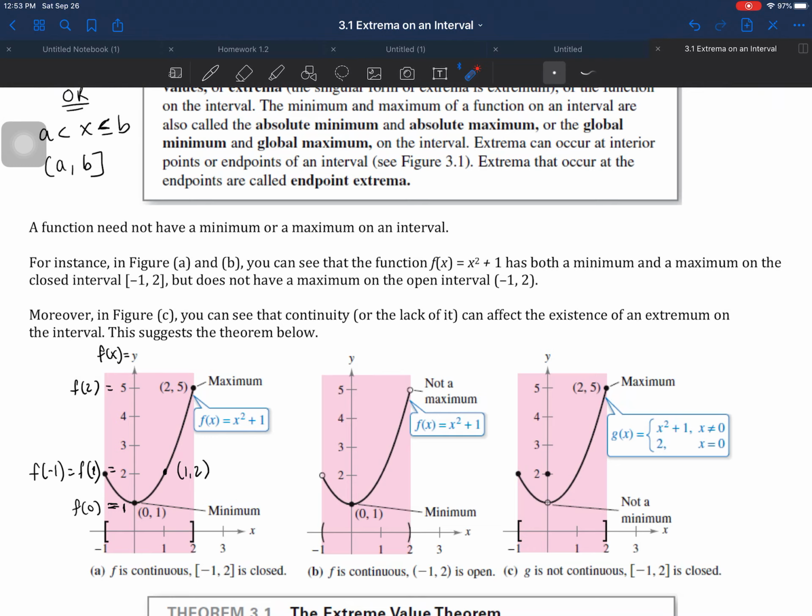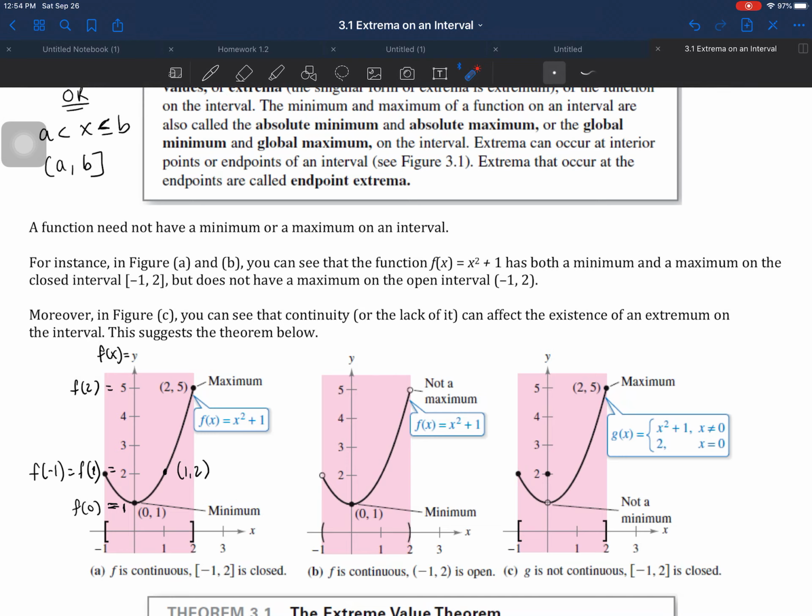So y equals 1 happens at x equals 0, and this minimum value of y is 1. 1 is the minimum. Now, if you notice, a minimum can be a positive number. Just like we're going to see, sometimes a maximum can be a negative number. So just keep that in mind.